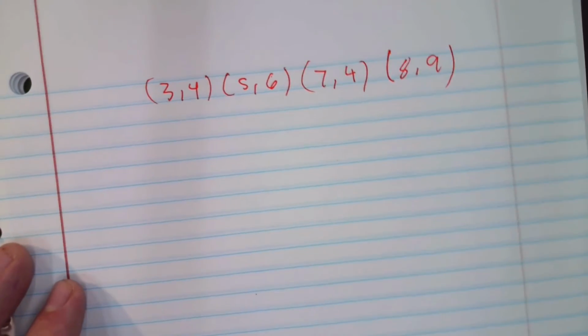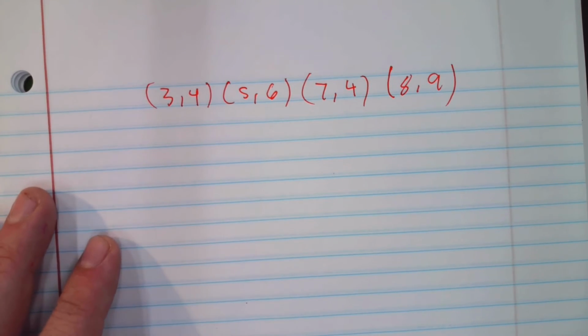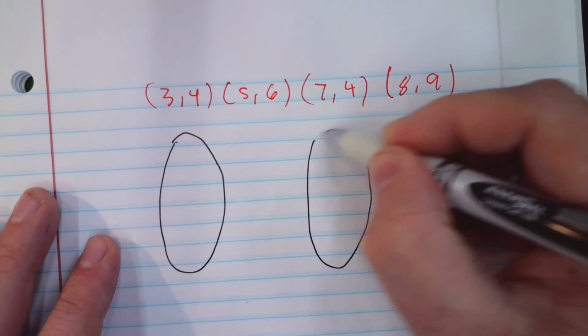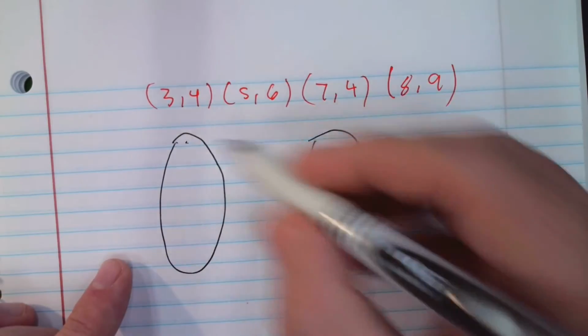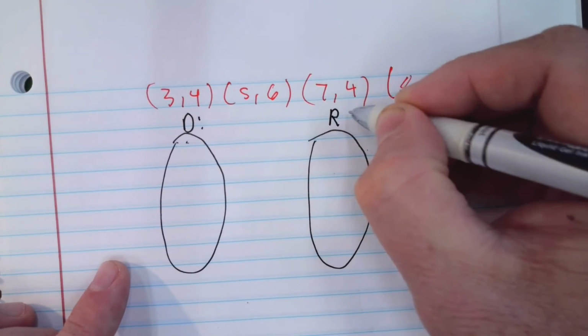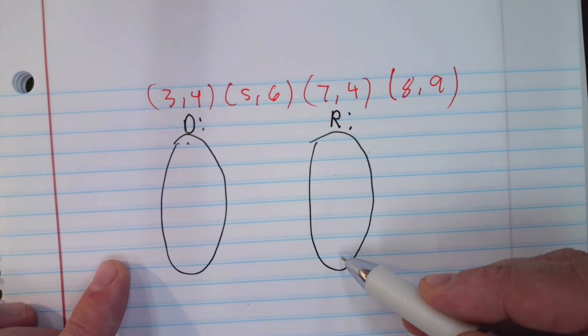Okay, so I have this, and the way I'm going to make you do it today is with the two circles. Your input, your output, your domain, your range. So you can put this as D and R. Go ahead and write all of your domain right here. Put all of your range right here.